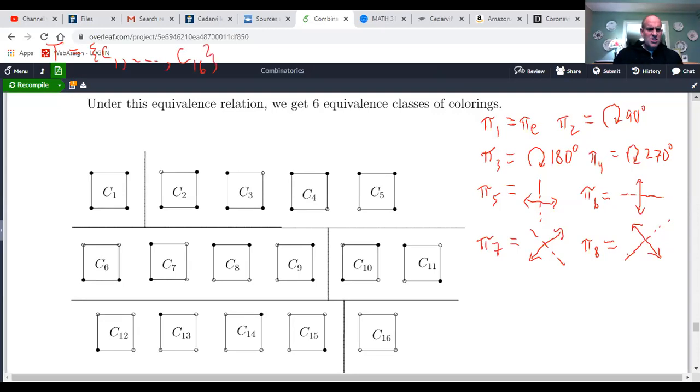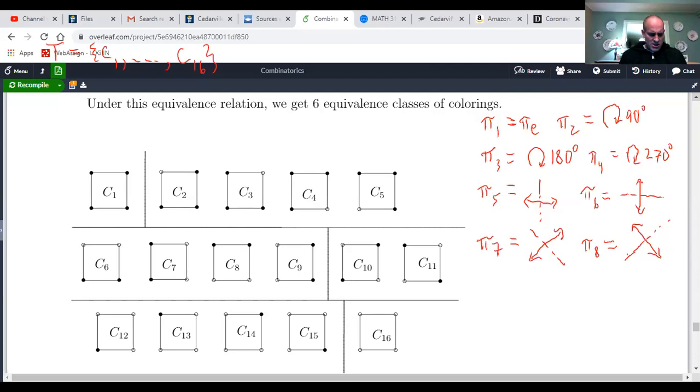T is just the collection of all of these colorings, and we're letting these permutations act on them. One thing I want to point out is I want to think carefully about how all of these permutations are actually going to act on these colorings.